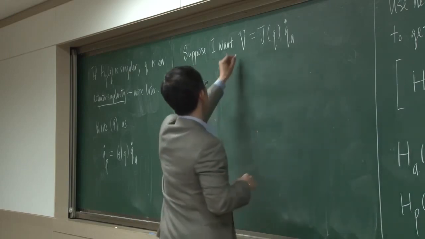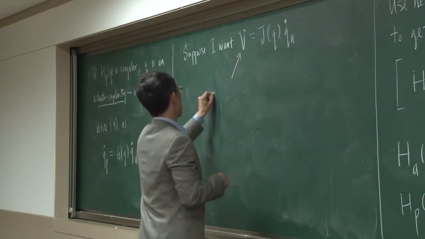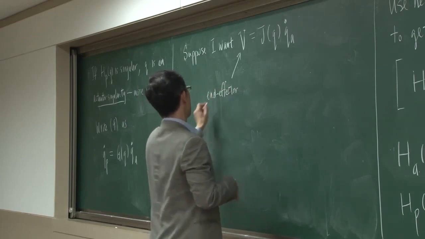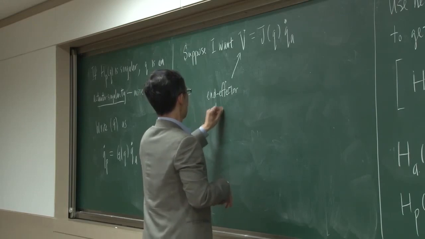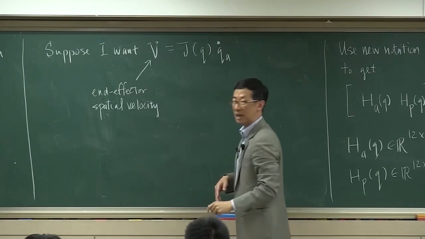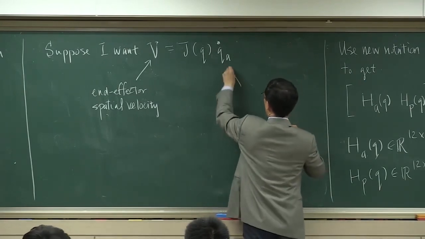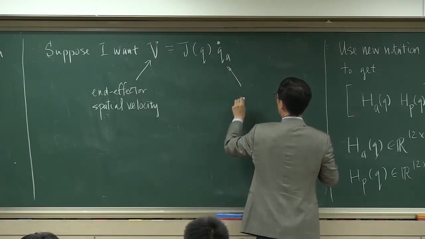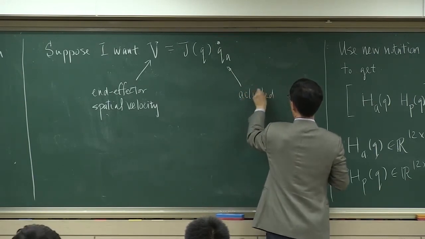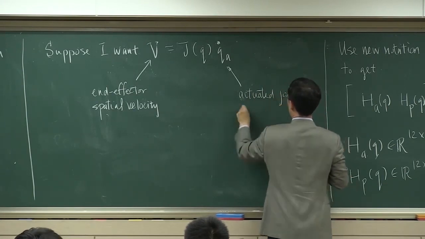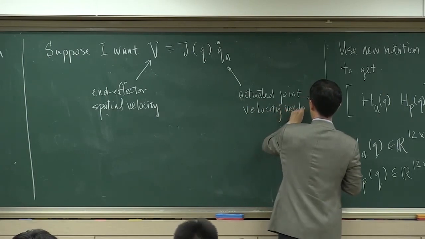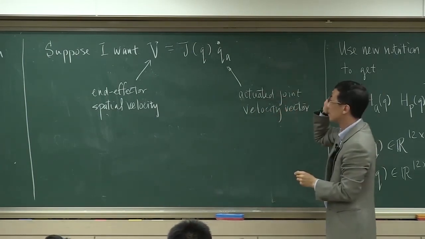So v is the end effector spatial velocity, 6-dimensional. QA dot, remember, is the actuated joint velocity vector. So 3-dimensional in our case.